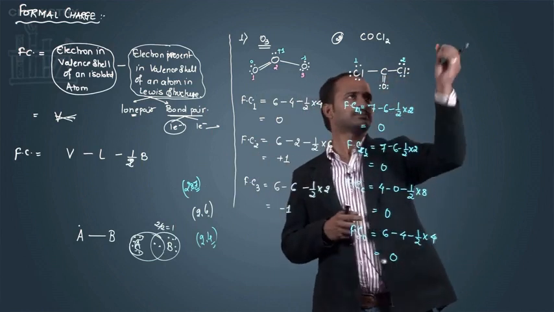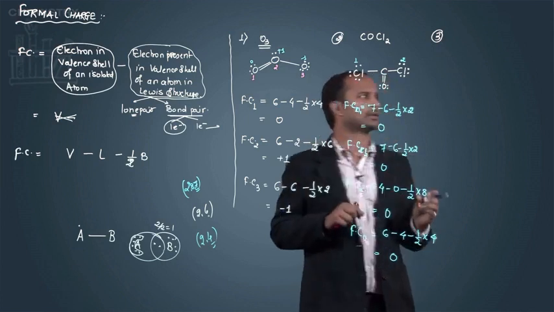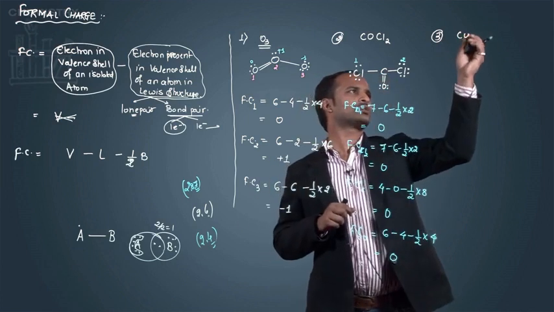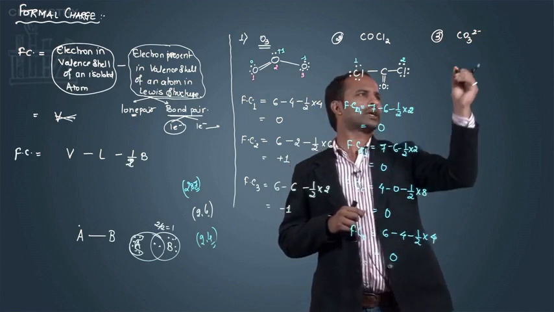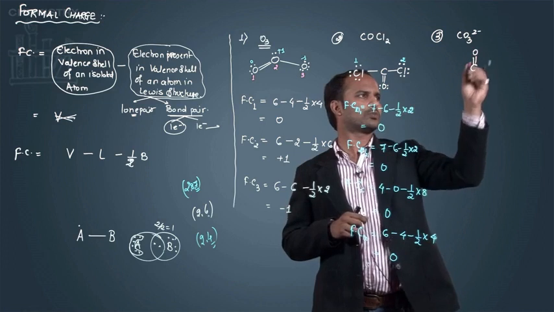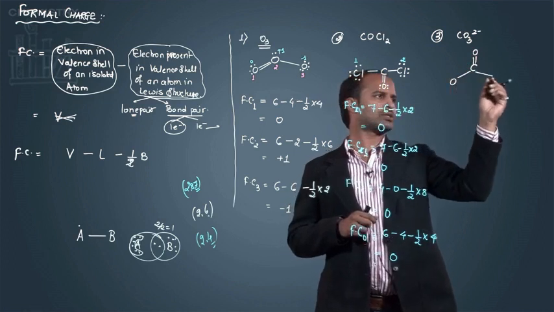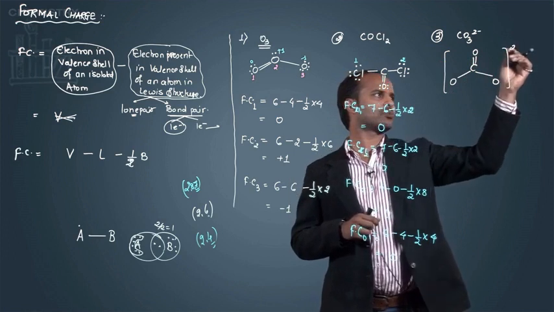Then the third one, carbonate ion, that is CO3 2 minus. The structure of carbonate ion is C double bonded to O, and the other two O's, and the full charge present on this is 2 minus.